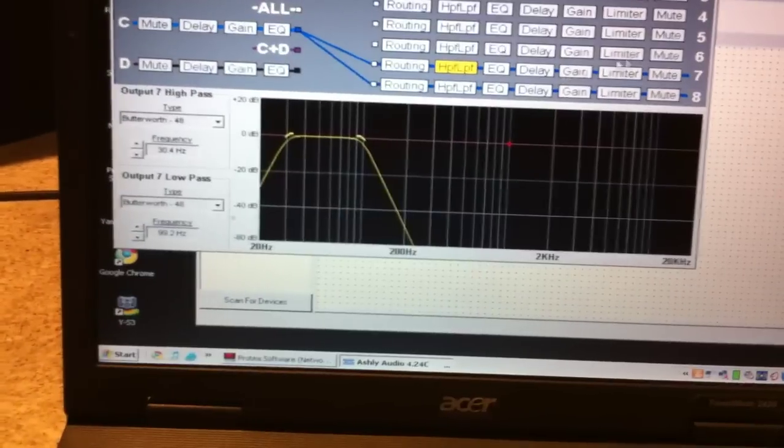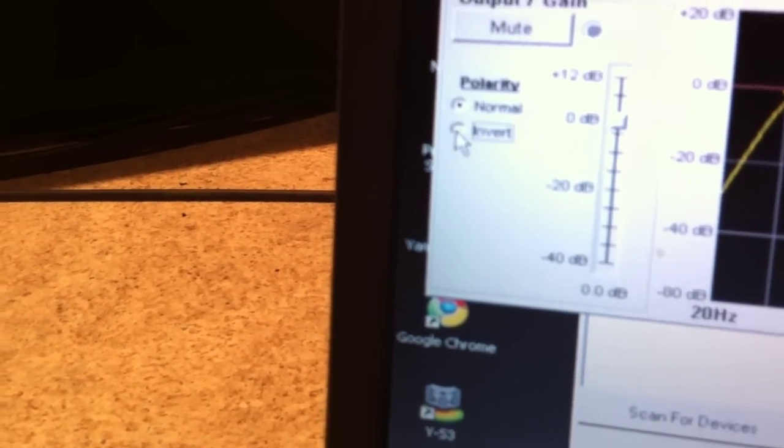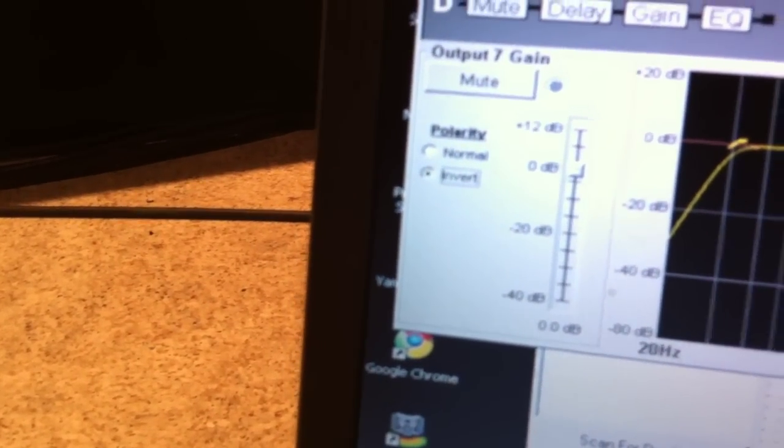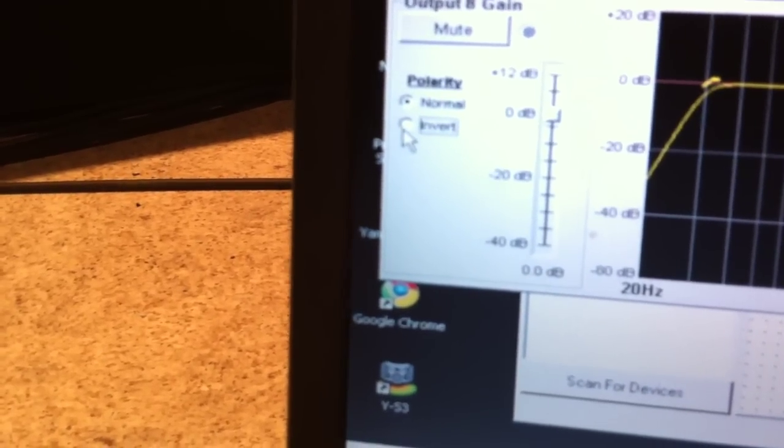Then go back to your processor and go to your sub, where you can invert the polarity. The reason we do this is when you get the polarity of the sub feed exactly lined up with the main feed, you'll actually lose dB on the meter.